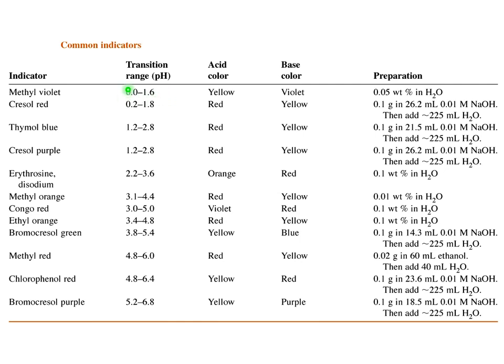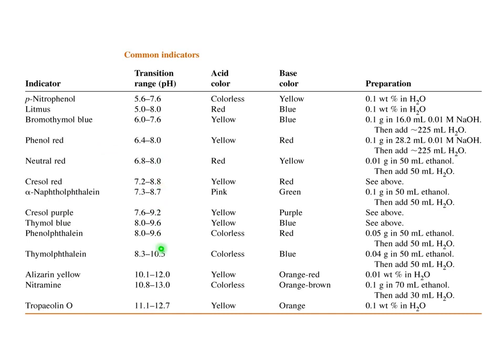So we have different indicators that are suitable for pH starting from 0 all the way to neutral, and then another group of indicators can be used for pHs in the area from neutral all the way to highly basic. Preparation of indicators is usually very straightforward. We prepare a 0.1% solution in water or sometimes in alcohol.